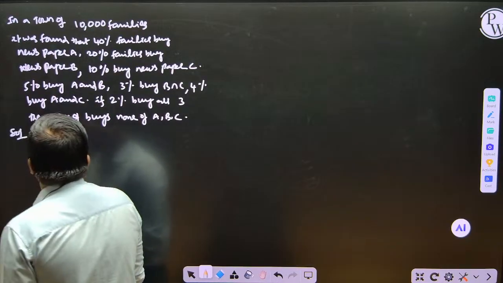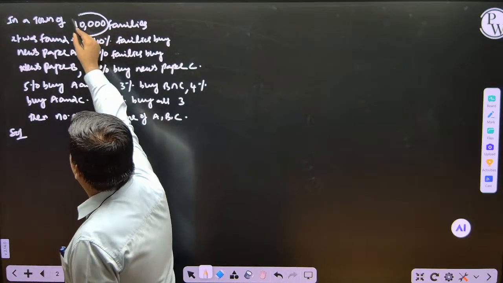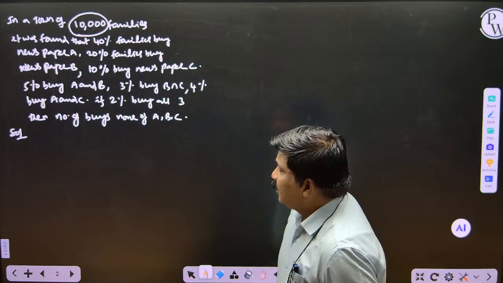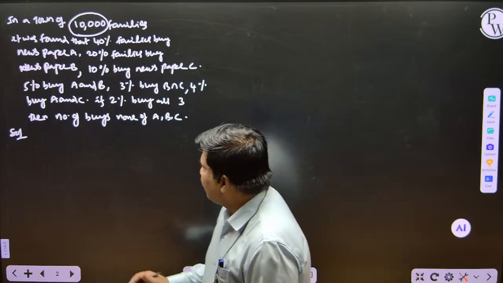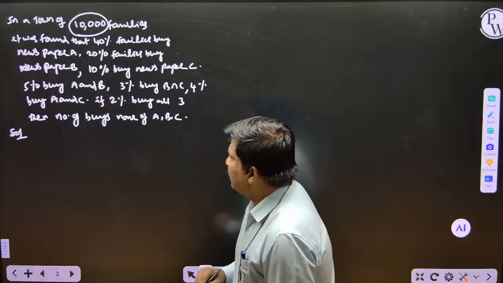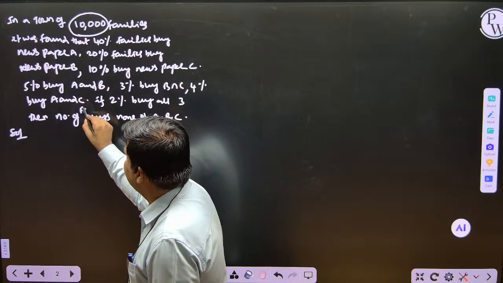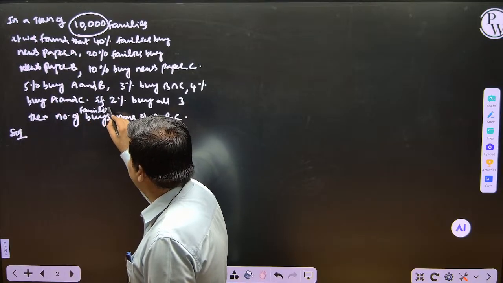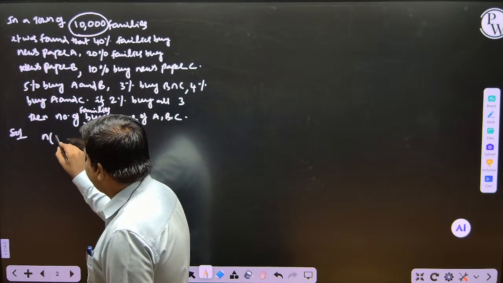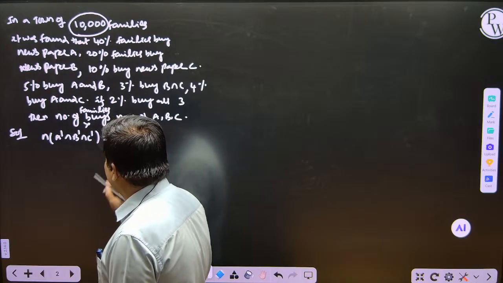Now this is the data given to you. Total number of families here are how many? 10,000 families. So now we will do this question. None of what is asked? The number of families that buy none of A, B, C means N of A complement intersection B complement intersection C complement.